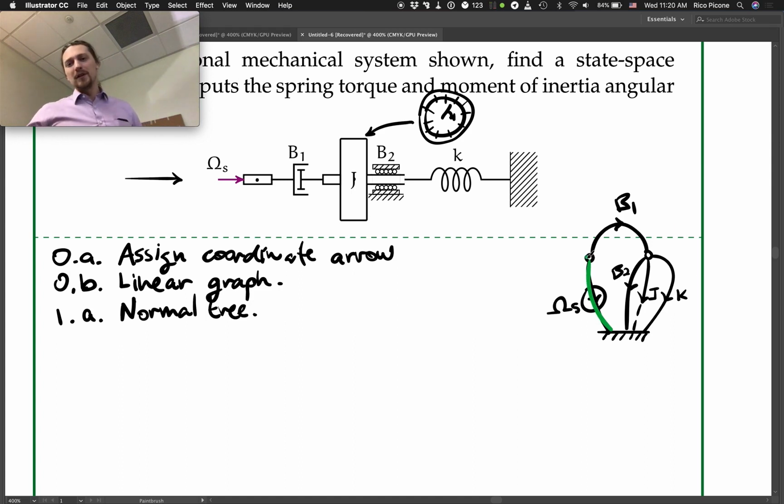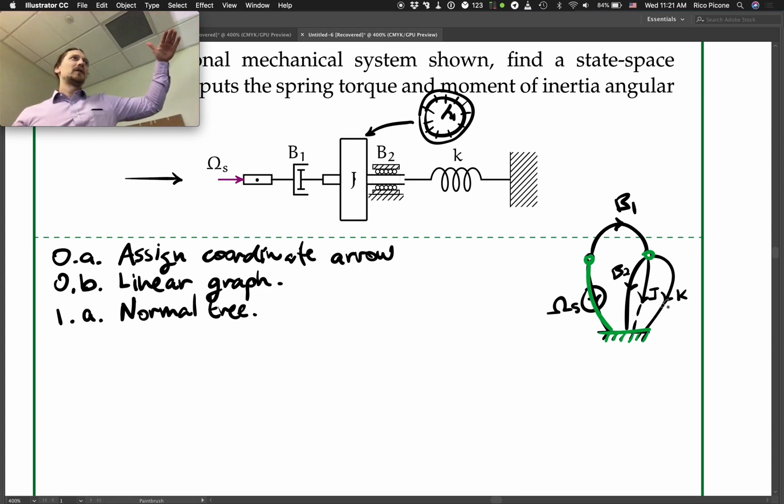You're supposed to do the nodes. I always skip the nodes. It's not that you should skip the nodes. It's that if you do all the branches and you just say, okay, all the nodes are in there, then that's okay. So you're right. I should just get better about this. I'm not very disciplined with my node selection. So okay, all the nodes are in. Omega s, the angular velocity source.